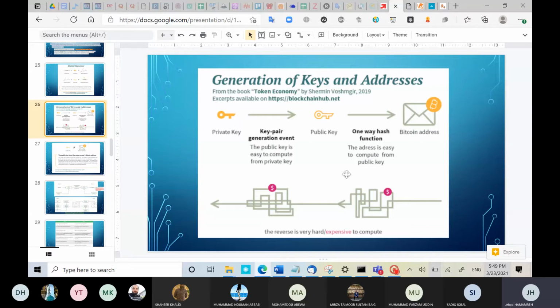Why? Because the mathematical functions that we use are easy to compute forward, but difficult to compute backward. Let me give you a very difficult problem in math. If I tell you to find the integration of e to the power minus x squared, you cannot find it. No mathematician, no matter how smart or intelligent, can integrate e to the power minus x squared dx in closed form.